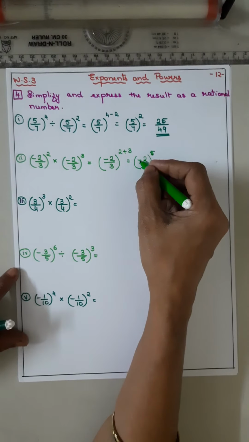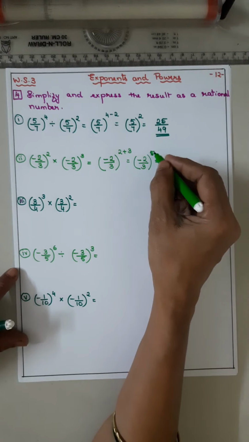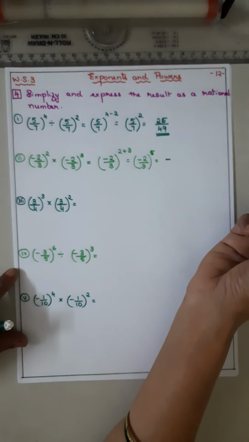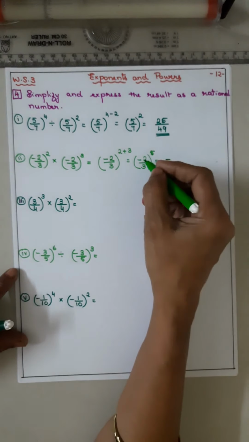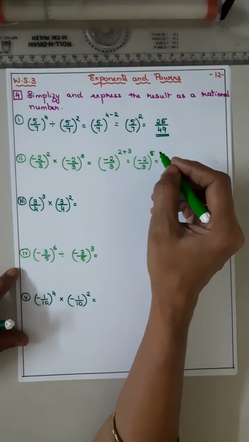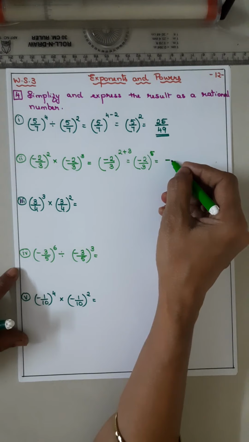Now it is a negative rational number. If the power is an odd number, the answer will be negative only. Remember, if it is a negative number and the power is odd, the answer will be negative.